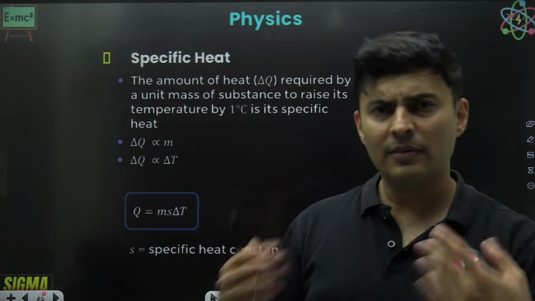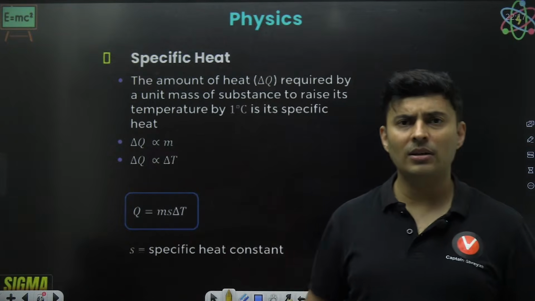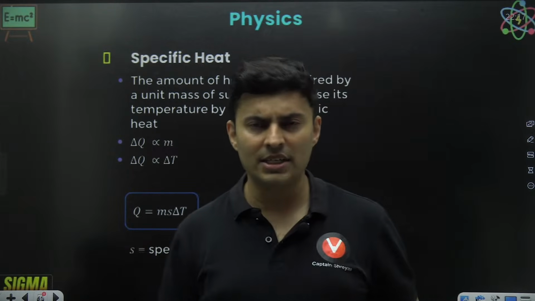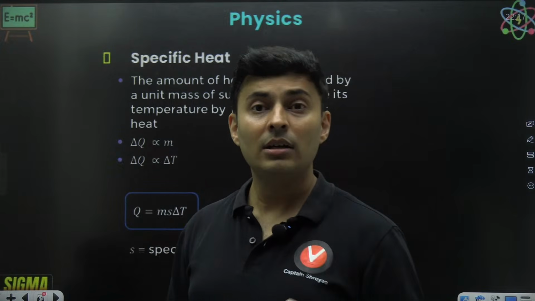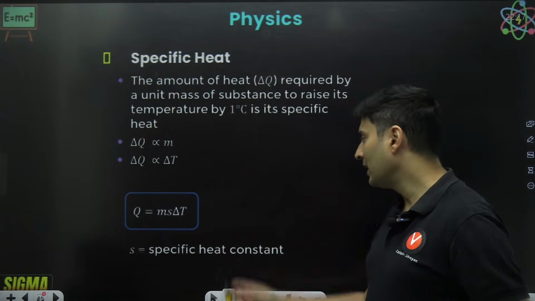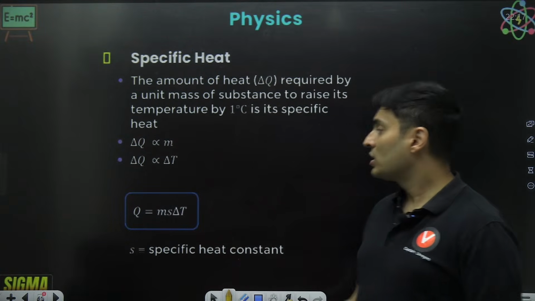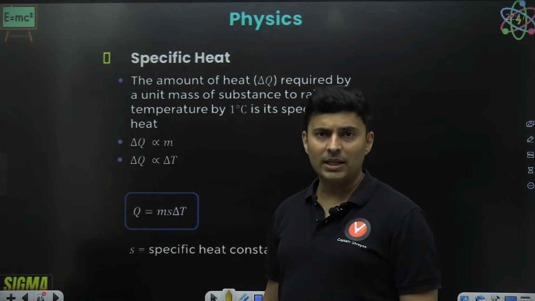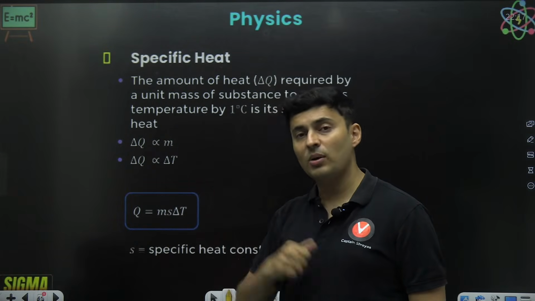Now, once a phase is changed, let's say it is in a liquid form, until it goes into the boiling phase, the temperature will change. So whatever heat you give will be converting into thermal energy, changing the temperature. So that amount of heat supplied is related to the temperature change and how much mass you are heating.